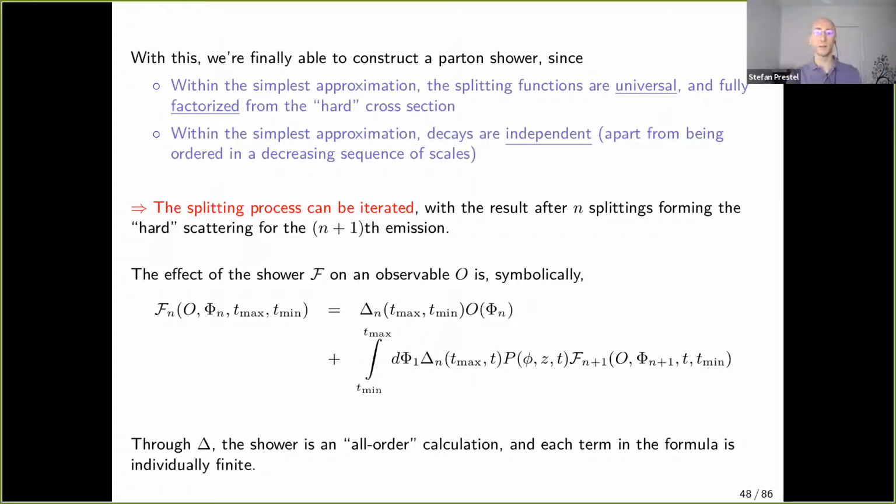So it means that both the virtual correction approximation that the shower uses and the real emission approximation that the shower uses are individually finite. You don't always have to sum them up together in order to get a finite result. You can look at them individually, and they're individually finite.